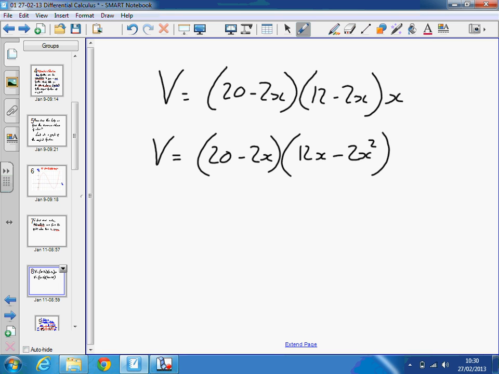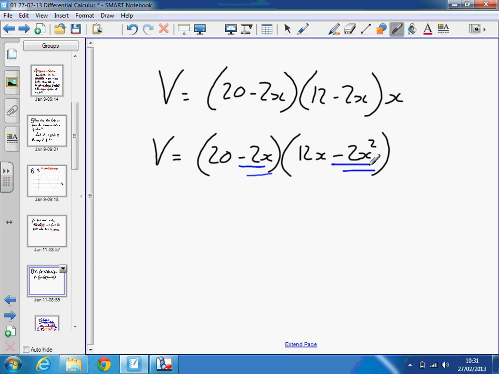And now I've got to multiply out these two brackets. And algebraically, you remember, every term inside this bracket has got to be multiplied by every term in that bracket. So 20 has got to be multiplied by 12x, and then 20 times minus 2x squared, and then minus 2x times 12x, and minus 2x times minus 2x squared. I've got to be careful about the minus signs.